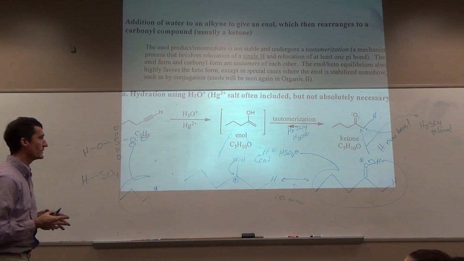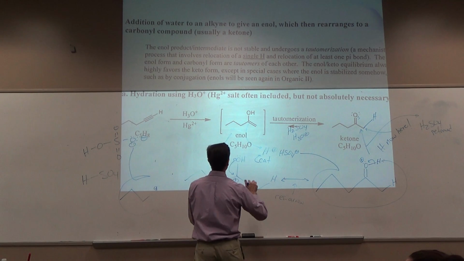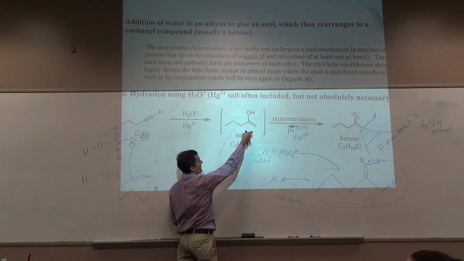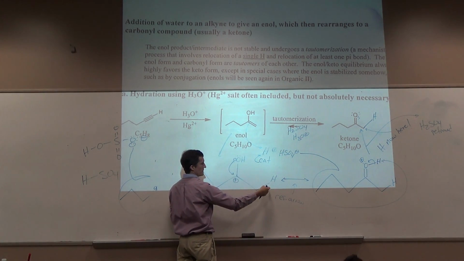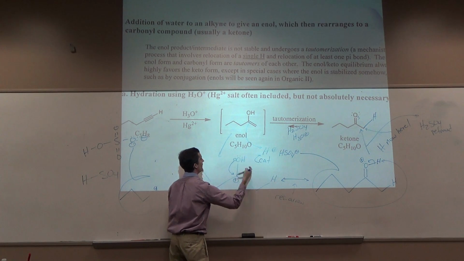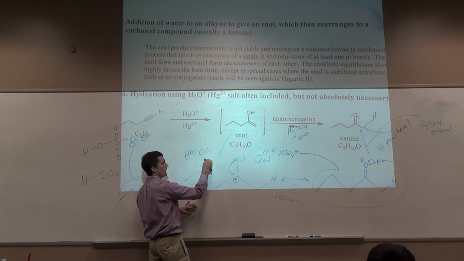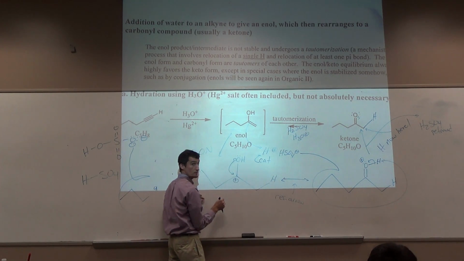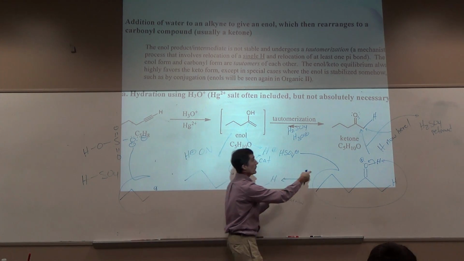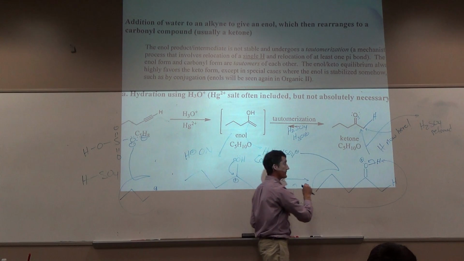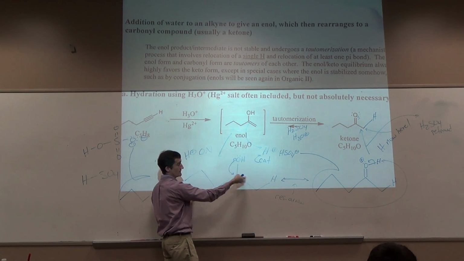What does Oreo stand for? What did we do here? First thing we did was we put a proton on. Okay, H plus on. Isn't that what we did first? H plus on. Where did we put it at? Where we wanted it. Don't we want a new H there? Put it where we wanted. But it worked out that way.